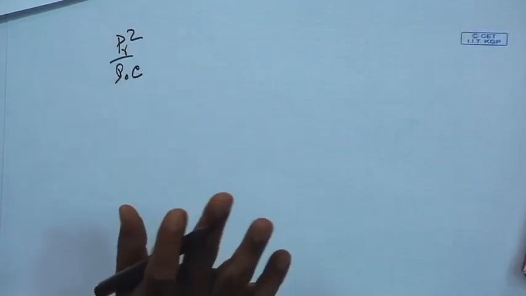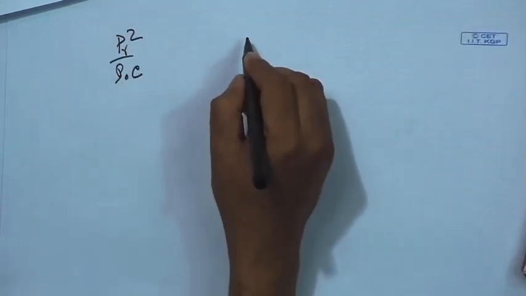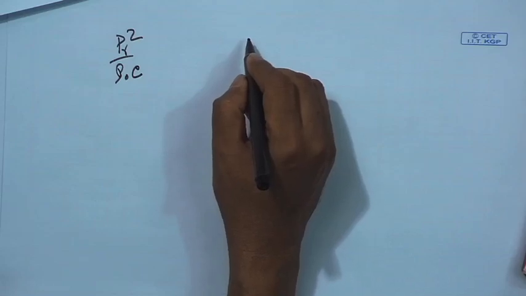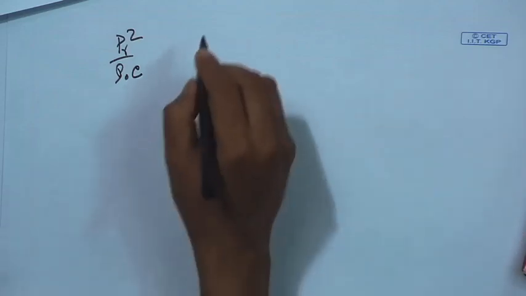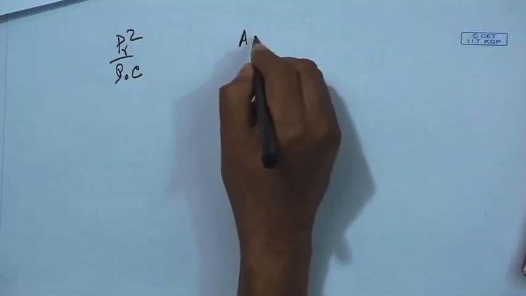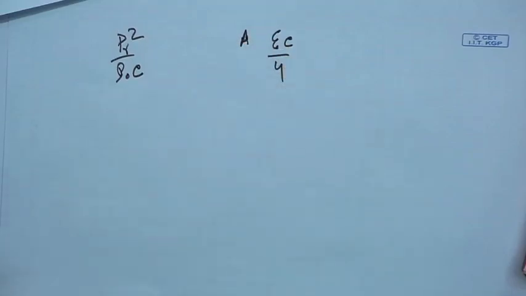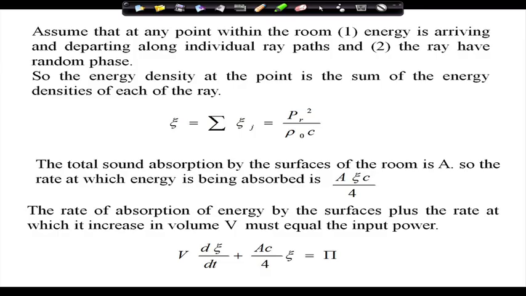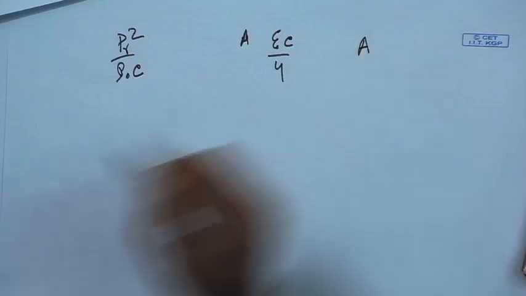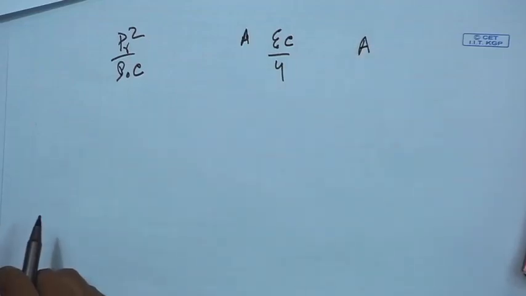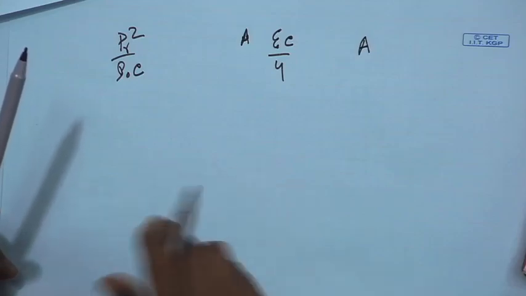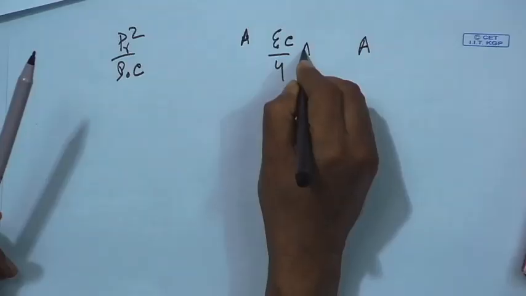PR is the reflected sound pressure, and the rate of energy incident on the unit area of the surface is sigma C by 4. Let the absorptivity of the surface be A. So how much energy will be absorbed by a unit area of that surface? Multiply by the absorptivity.